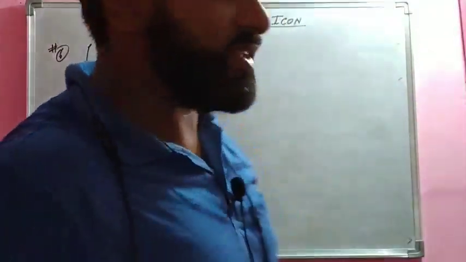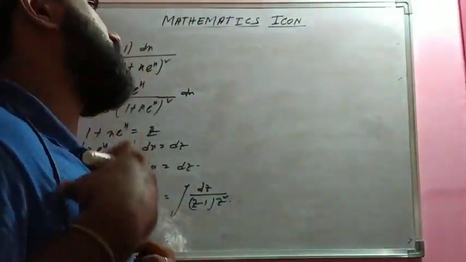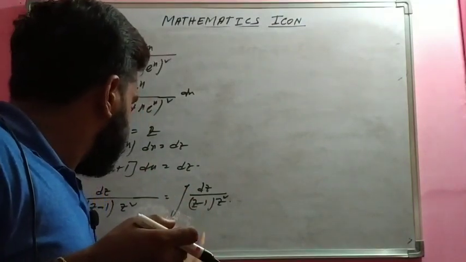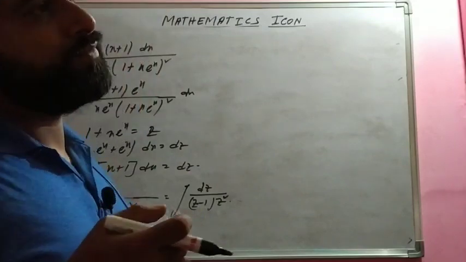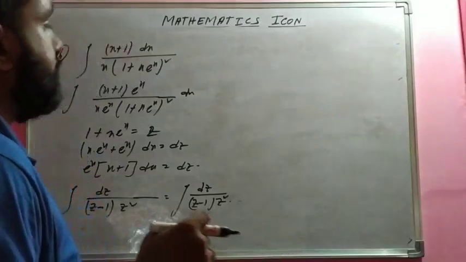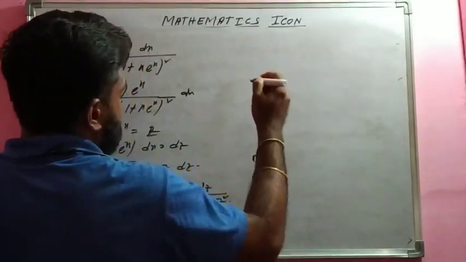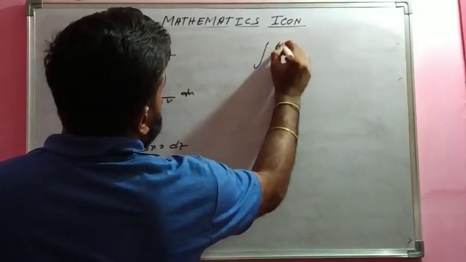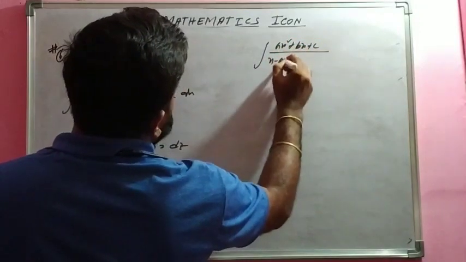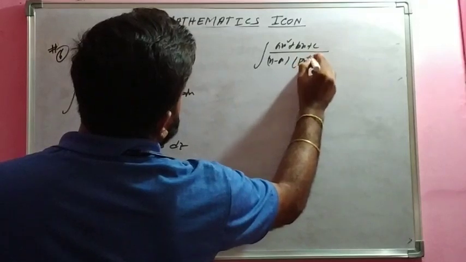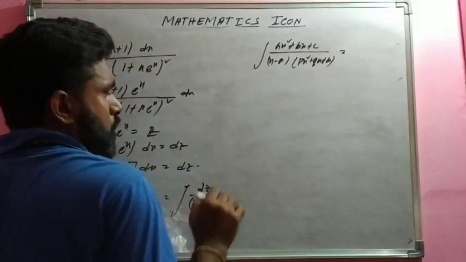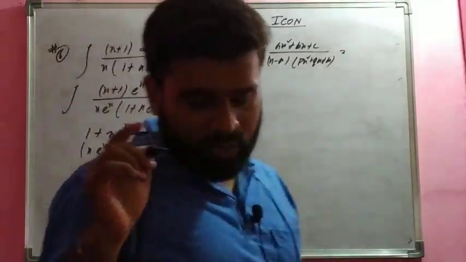Partial fraction term is there, and in partial fractions just remember this thing: if you have one expression linear and another expression quadratic in the denominator, that means if the expression is like ax square plus bx plus c by x minus a into px square plus qx plus r, no need to consider the numerator part, just look at the denominator part.